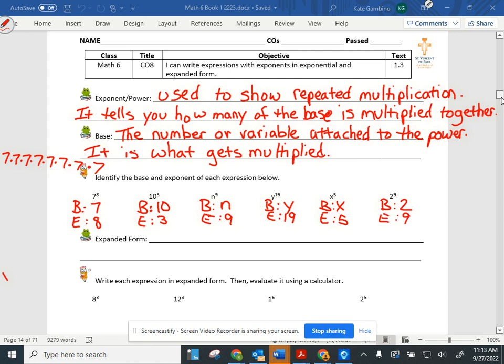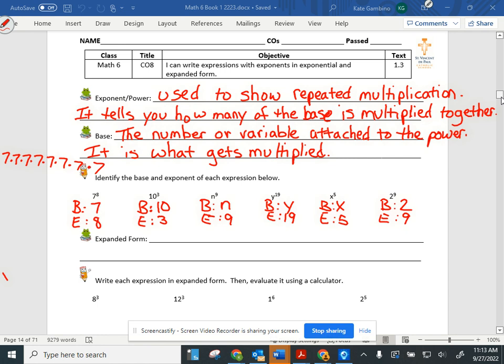9. So as we're looking at this, we need to keep reminding ourselves, it is not 2 times 9. It's 2 times 2 times 2 times 2 times 2 times 2 times 2 times 2 times 2. It's going to be much, much bigger than the 18. 2 times 9 is 18.